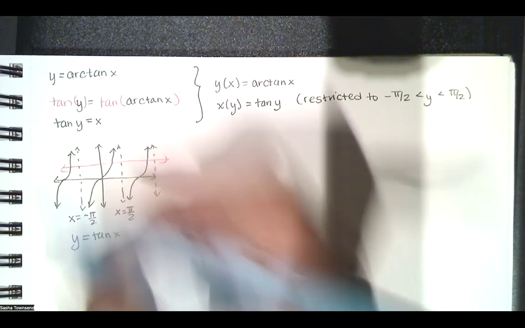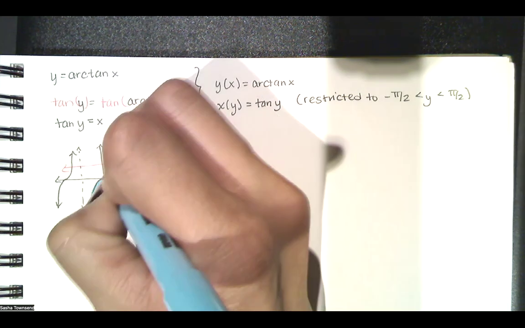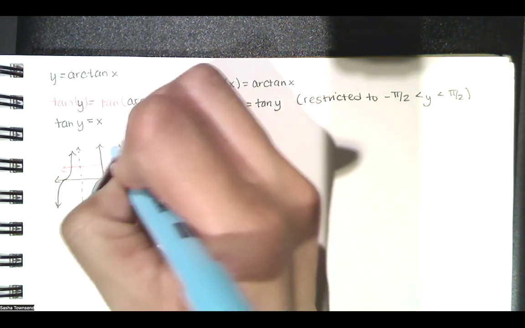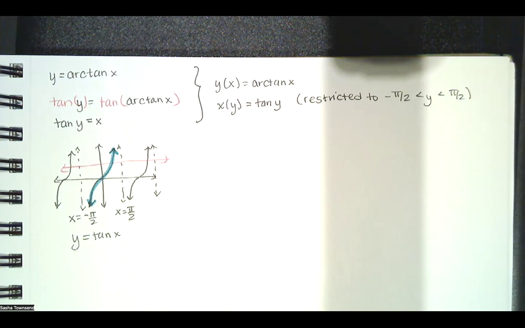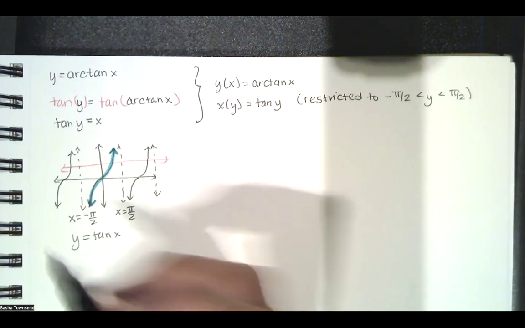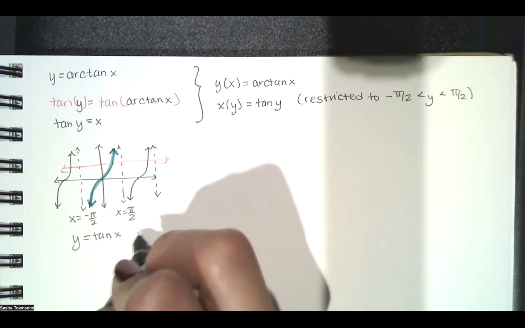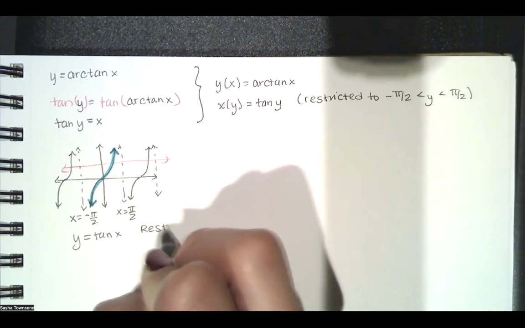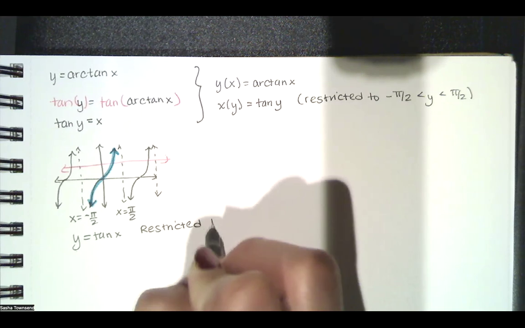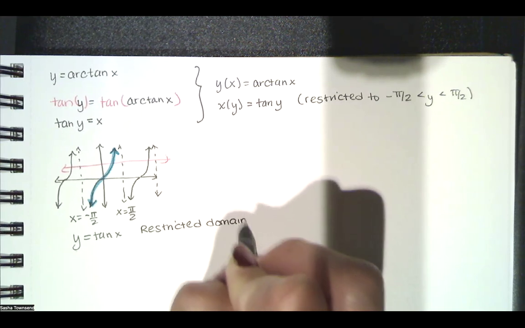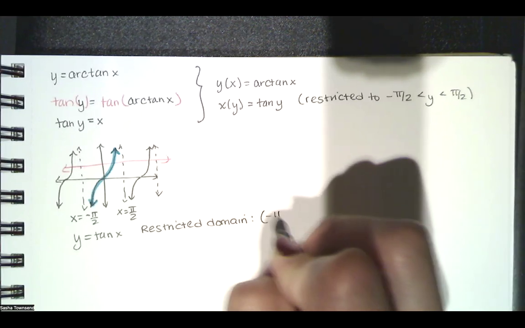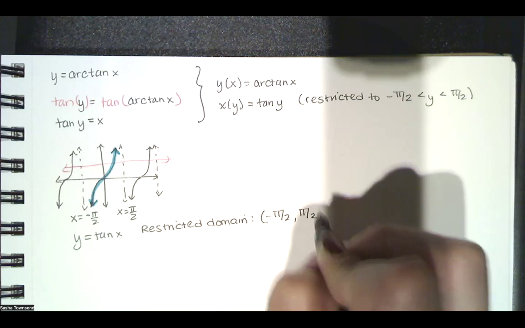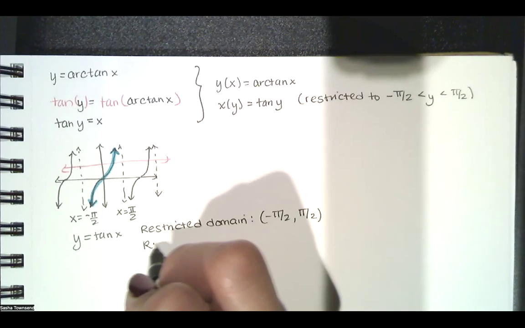But if we restrict ourselves to this one branch between negative pi over 2 and pi over 2, then that function is 1-to-1. It does have an inverse. The range is all real numbers.